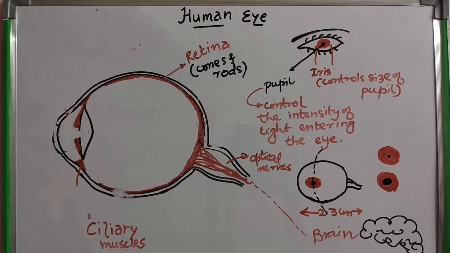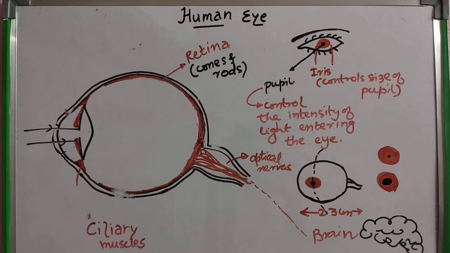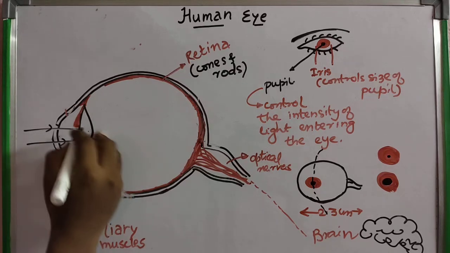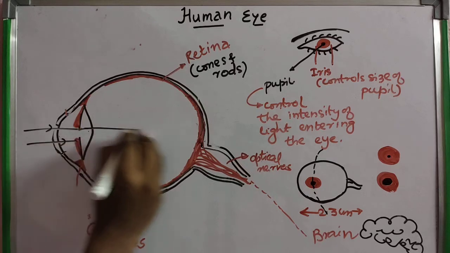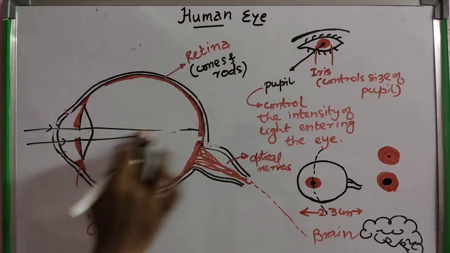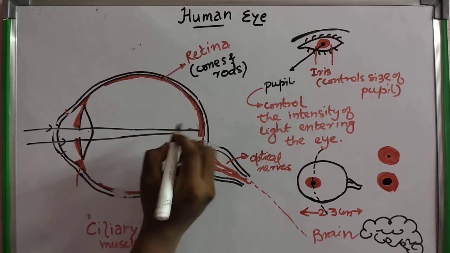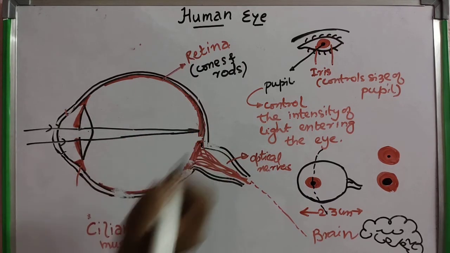See that when the object is very far, the rays are going to be almost parallel, when the object is at infinity, and they are supposed to meet at the retina, right?